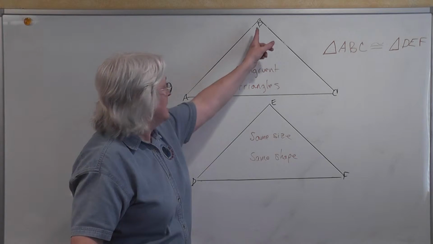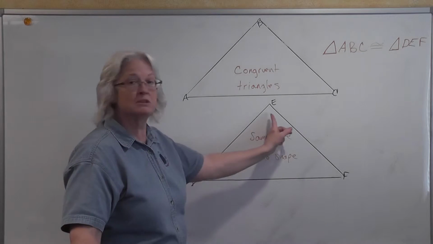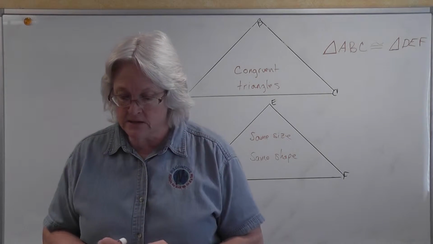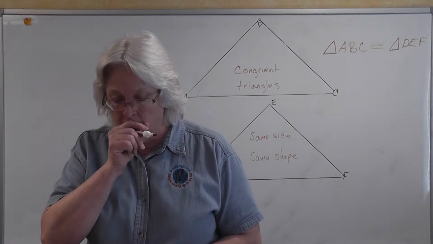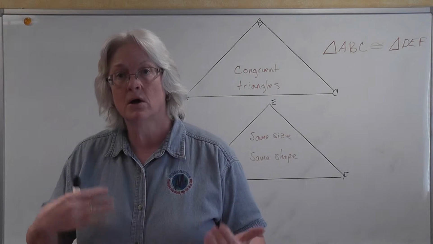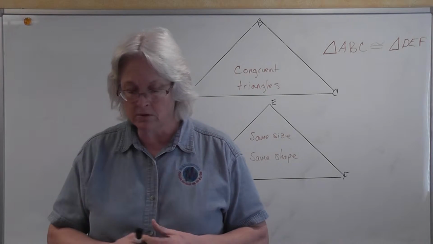Line segment AB corresponds to line segment DE. So corresponding angles and corresponding sides are congruent.